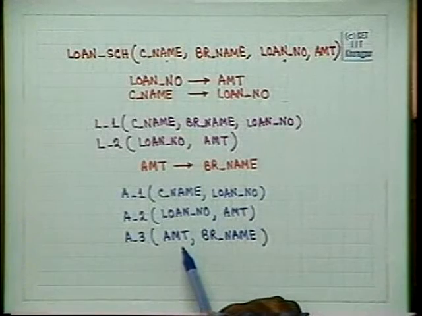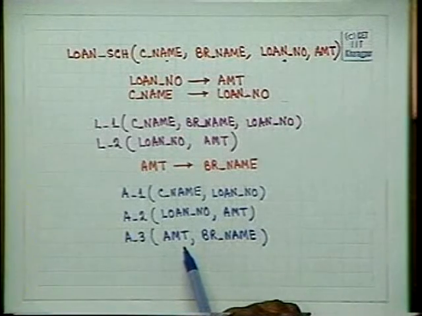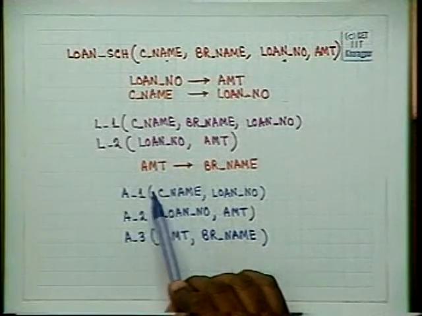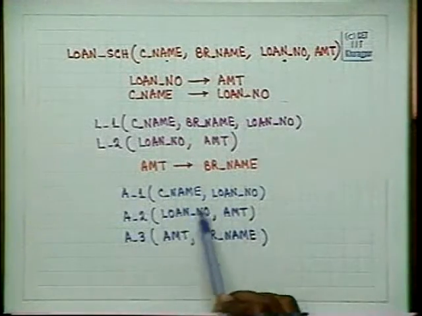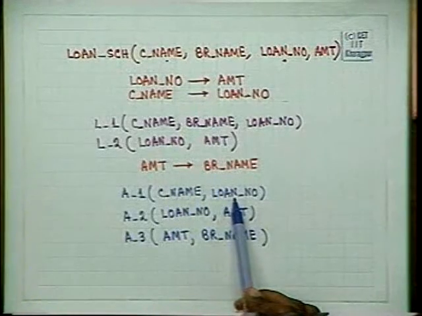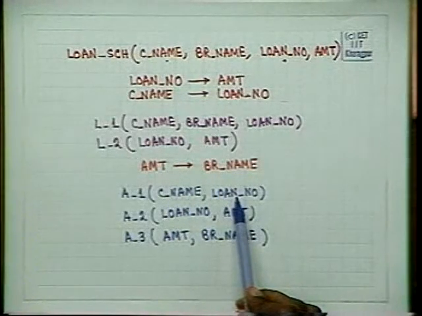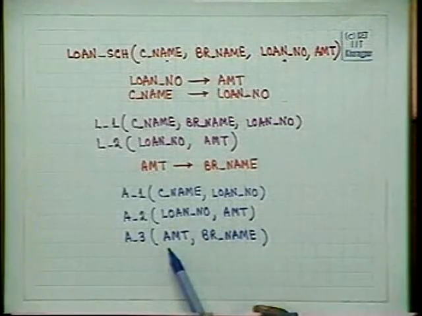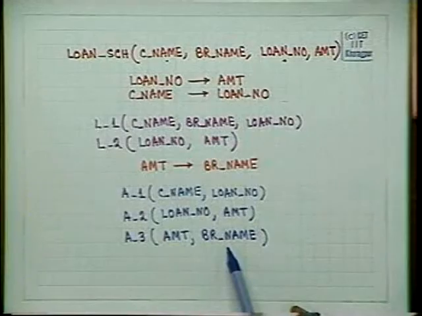If I decompose it into three relations, then now there is no redundancy anywhere. Firstly, there is no redundancy, because whenever I have customer name, I have only one loan number for a particular customer. For a particular loan, I have only one amount, and for a particular amount, I have only one branch.